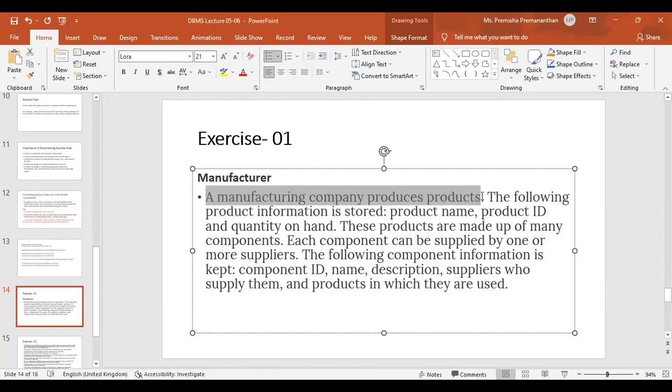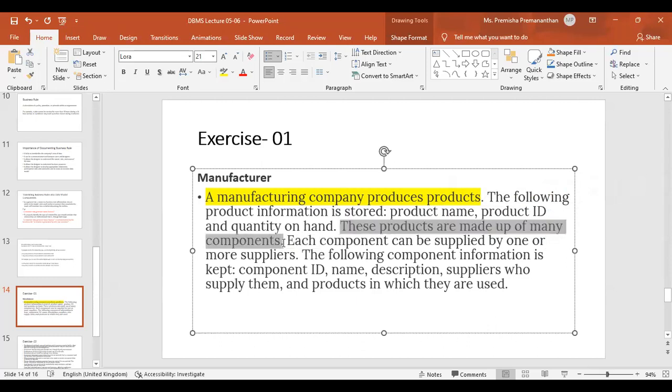Manufacturing company produces products. I will highlight. So this is one business rule. And the following product information, so that product is an entity. That product has some attributes, so these are the attributes, right? Those don't come under the business rule. So only one here, and the second things are the attributes. Third sentence, these products are made up of many components.